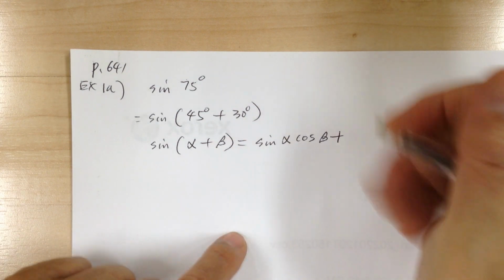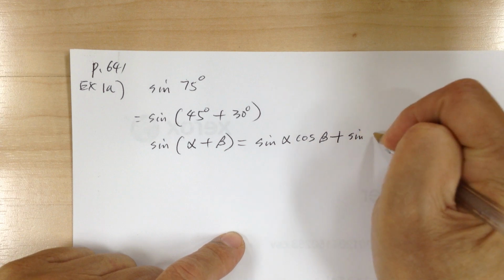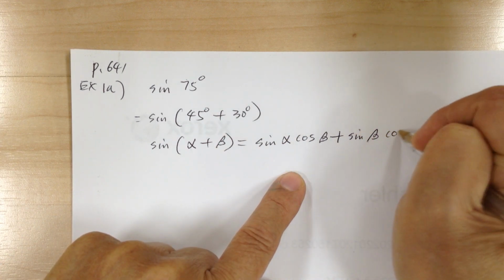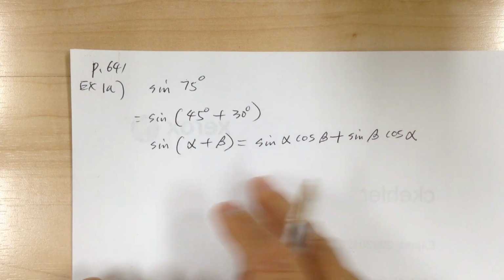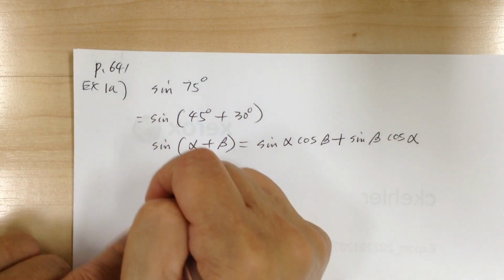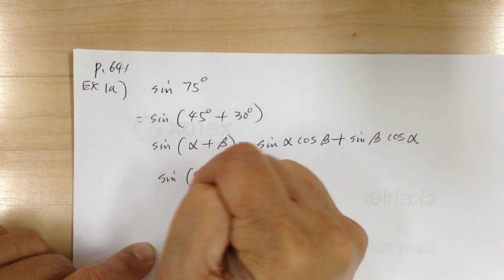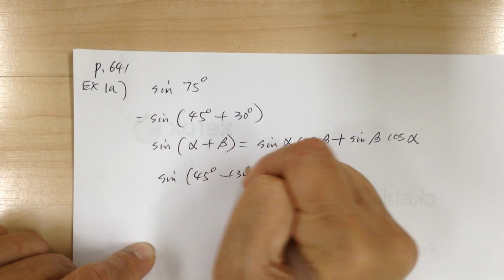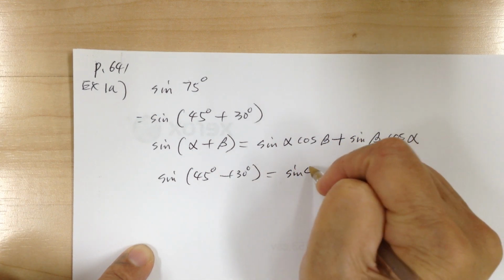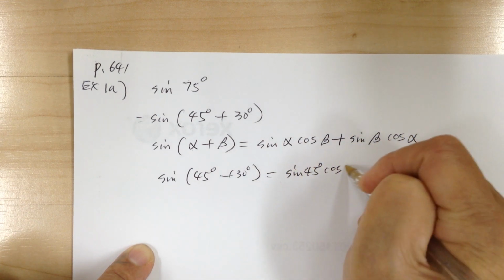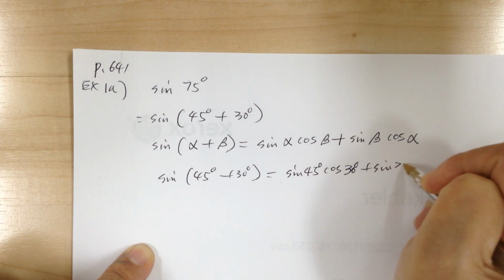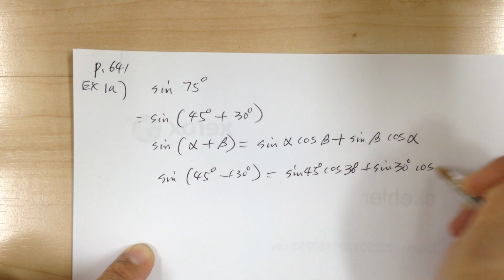They kind of switch the terms, but I like to keep the sine in the front and switch the alphabets. This is the way I memorize it. So sine of 45 degrees plus 30 degrees will equal sine of 45 degrees cosine of 30 degrees plus sine of 30 degrees cosine of 45 degrees.